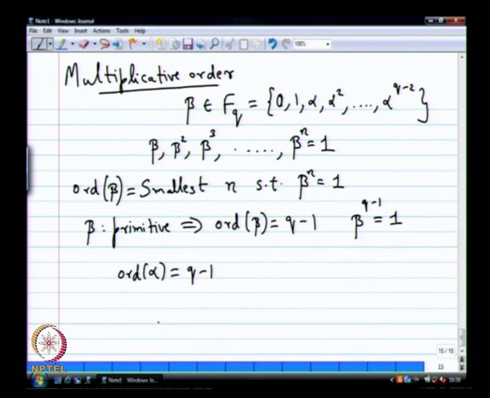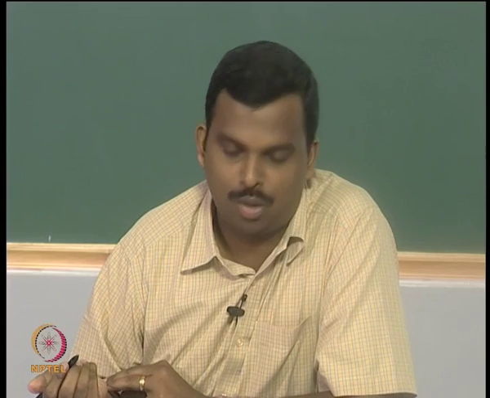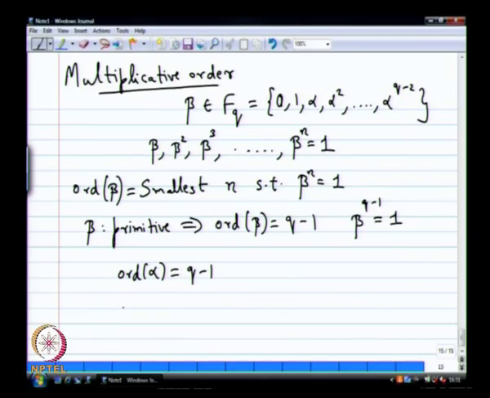Any other beta in Fq is of the form alpha power i, it is not of any other form. So all you have to find is the order of alpha power i for i equal to 1, 2, and so on till q minus 2.